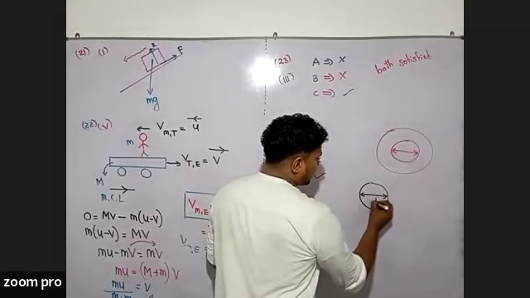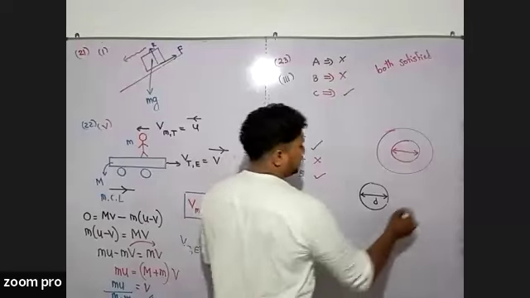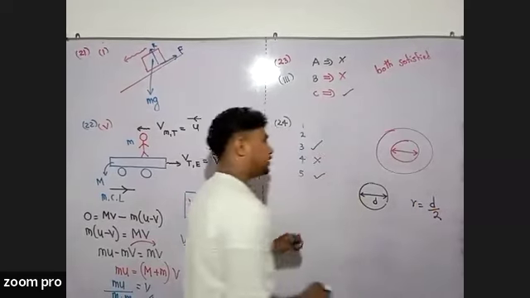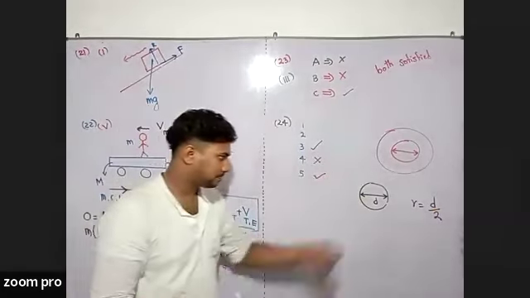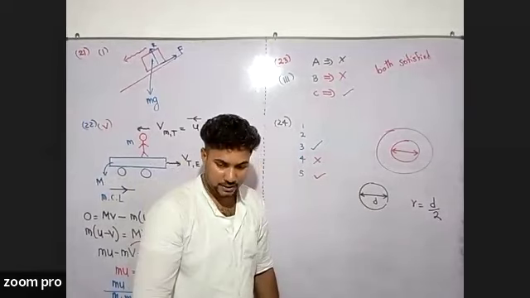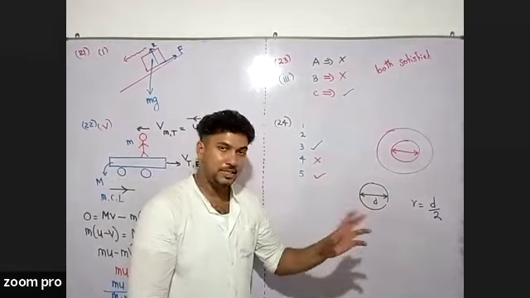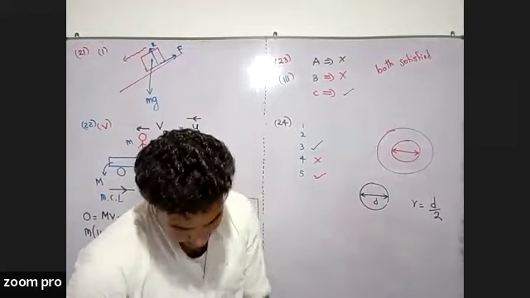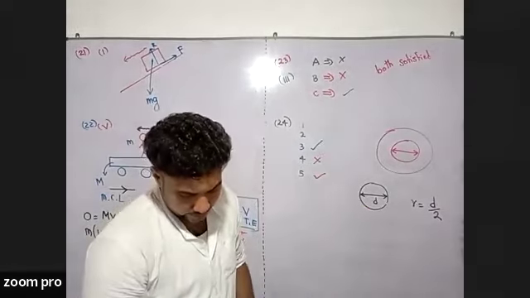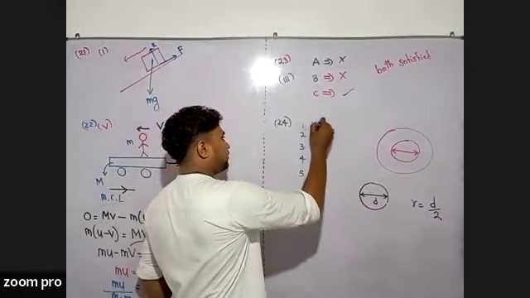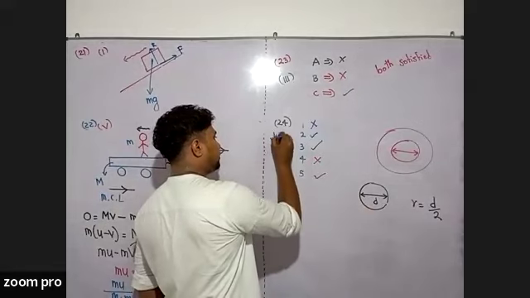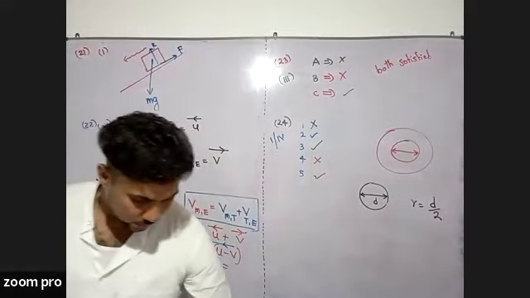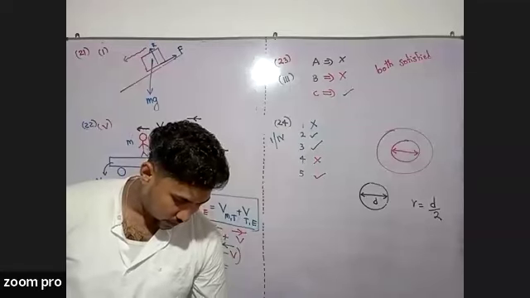Let's assume we obtain the external diameter, and then the external radius can be obtained by dividing the diameter by two. So the external diameter can be obtained somehow, but the internal radius cannot be measured, right? So the first and fourth answers can be the answer for the 24th question, right?